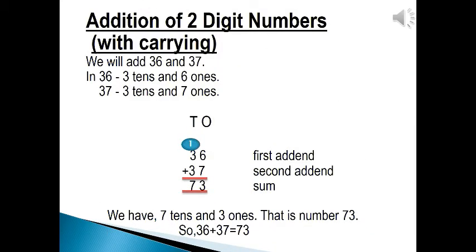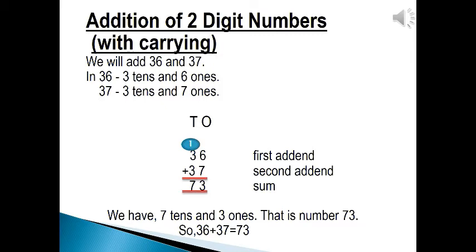Addition of two-digit numbers with carrying. We will add the numbers 36 and 37. In 36, 6 is at ones place and 3 is at tens place.